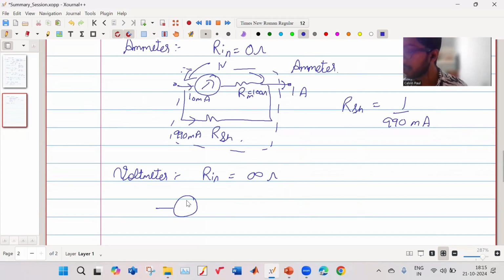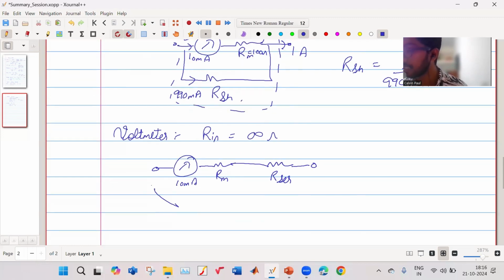So you have this instrument which measures up to 10 milliampere, with the resistance of your galvanometer, and then you connect a resistance in series, such that you can measure between 0 to 100 volt, and the maximum current which will flow is 10 milliamp. Accordingly, using KVL, you can find the series resistance which is required. So this is how you do the ammeter and voltmeter.